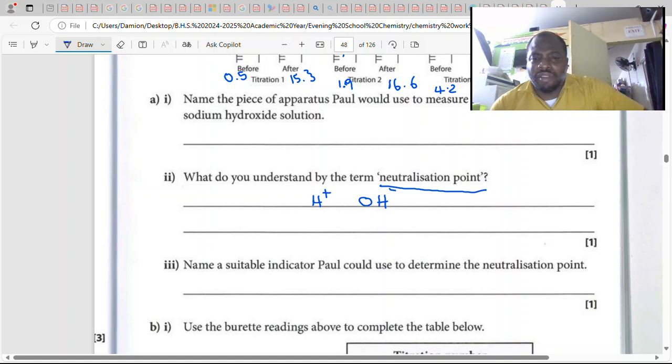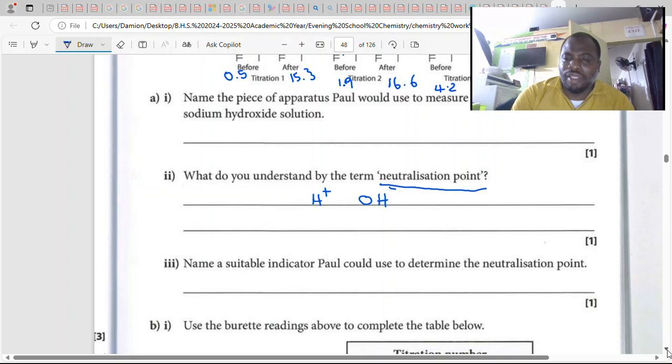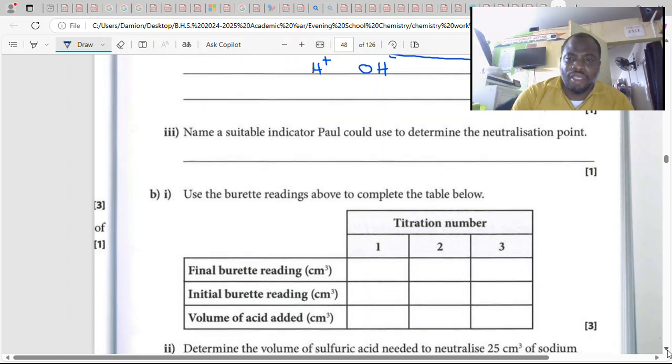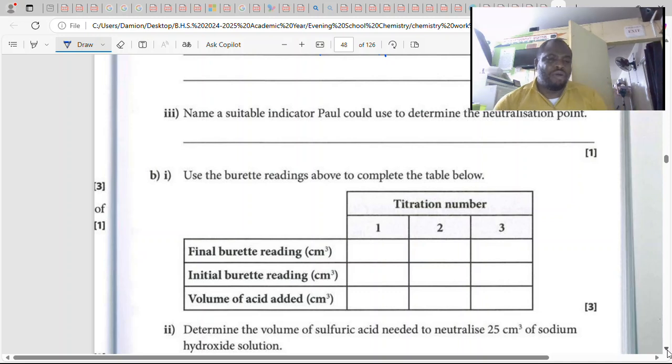So any one of those we can use to identify. And one of the things that you're looking for is that color change. You'll be placing the indicator in the alkali, and they will provide a color. And so you look for that color change to note the endpoint or the neutralization point of that reaction.